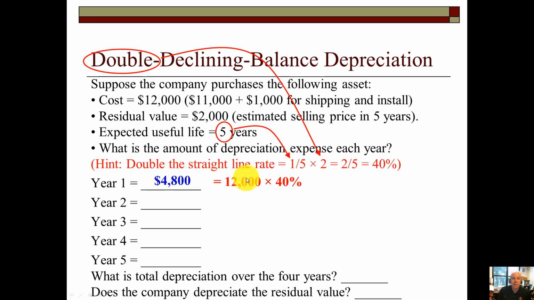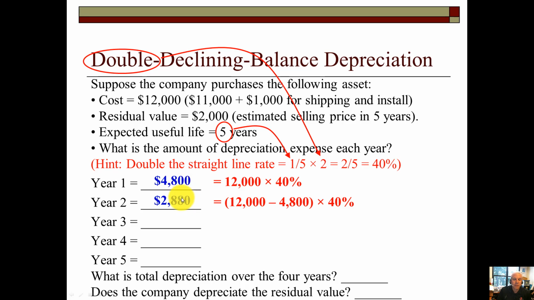So in year 1, it was easy because the opening book value, because there was no prior depreciation, was 12 minus 0. So 12,000 times 40% is 4,800. But at the end of year 1, we record 4,800 of depreciation expense, so now the book value goes down by $4,800. So in that case, year 2's depreciation will be 12,000 minus 4,800 times 40%, or 2,880.